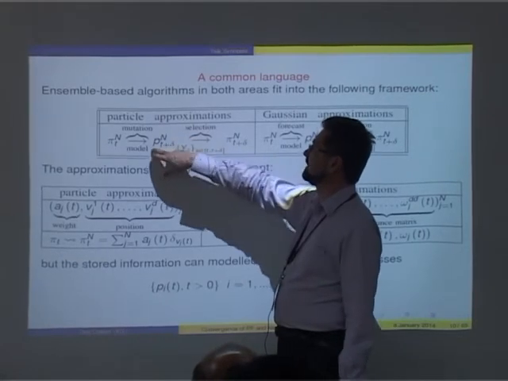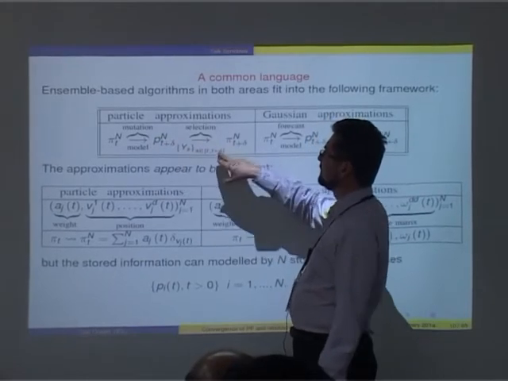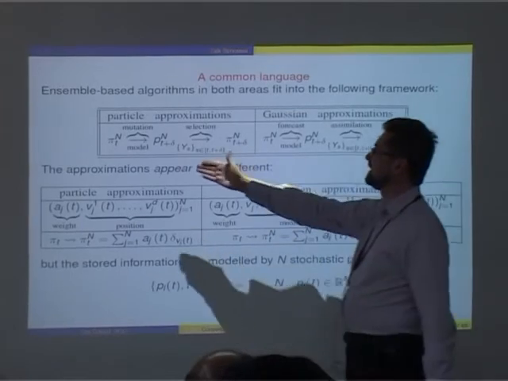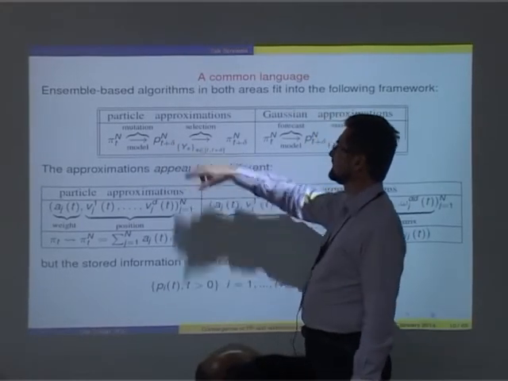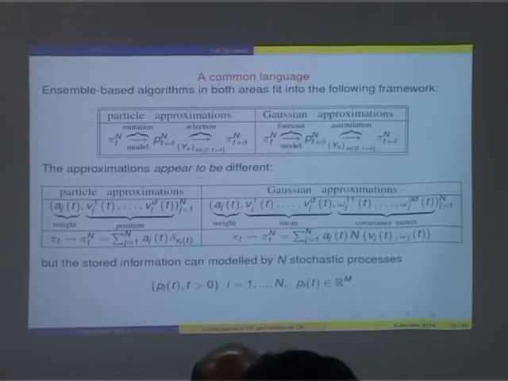So it produces an intermediate approximation, and then it uses all the information accumulated between t and t plus delta. Here I want to make the point that you may not need to apply this correction, this selection procedure, all the time. You may not need to resample every time you get a new observation.